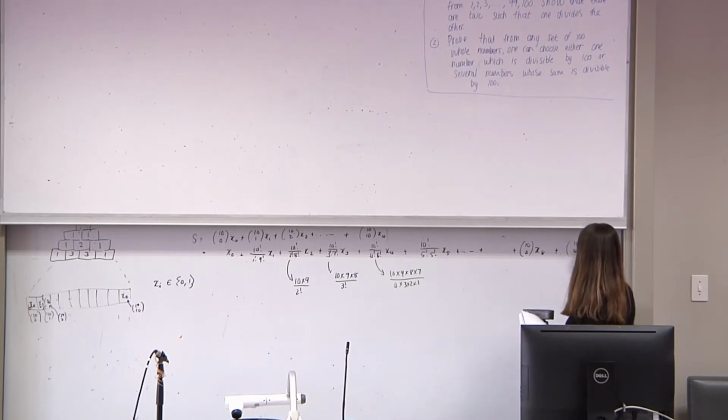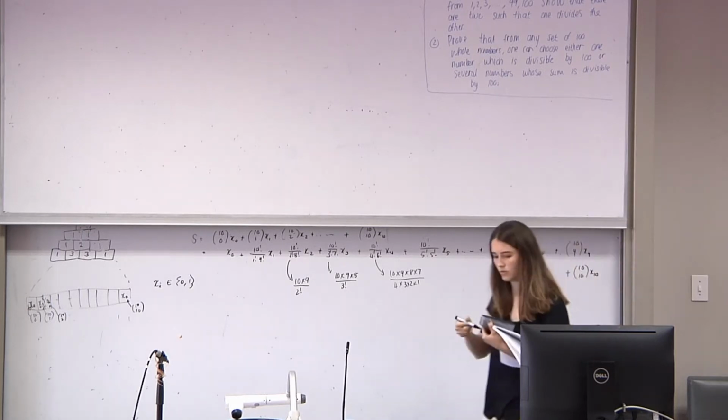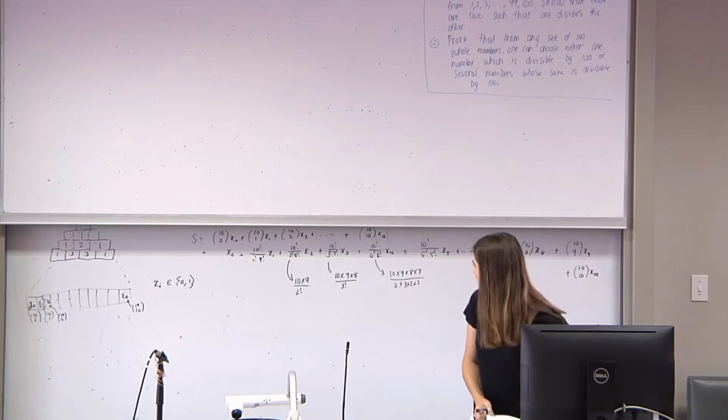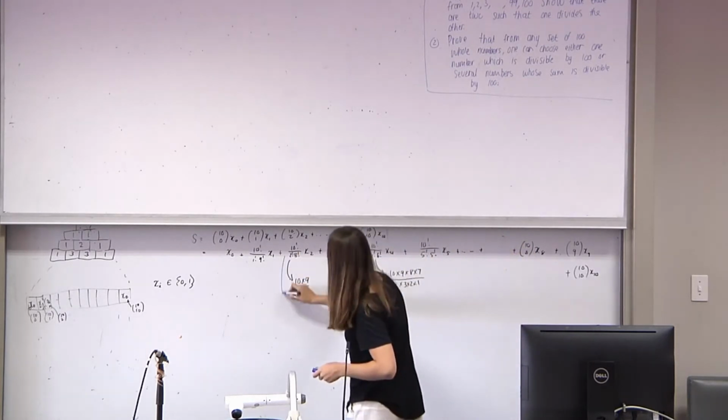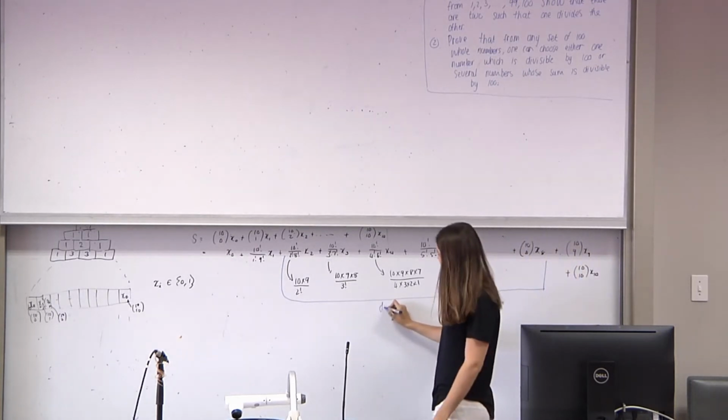Then all we have left is 10 choose 9, x9, plus 10 choose 10, x10. So what we have basically written out now is that from here all the way to here is divisible by 3.